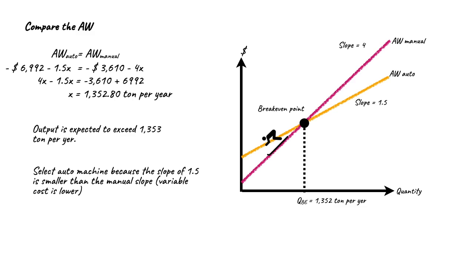Because the lower the slope, it means the variable cost is lower. If you can imagine, for automation it only requires 1 manpower even though it is expensive, but the total variable cost is much lower than the manual cost. So as a decision, we would choose the automatic machine because the value of the slope, which is 1.5, is lower than the slope of the manual machine, which is 4.